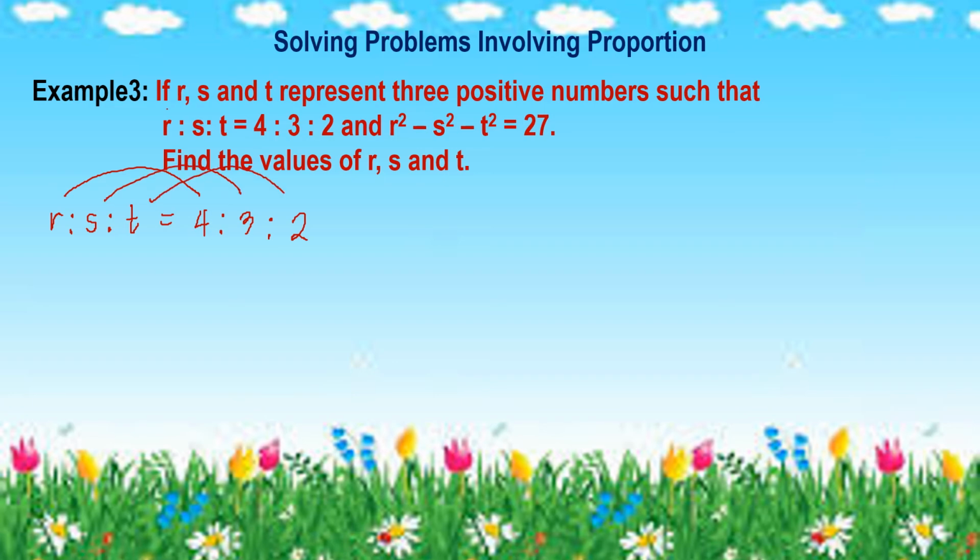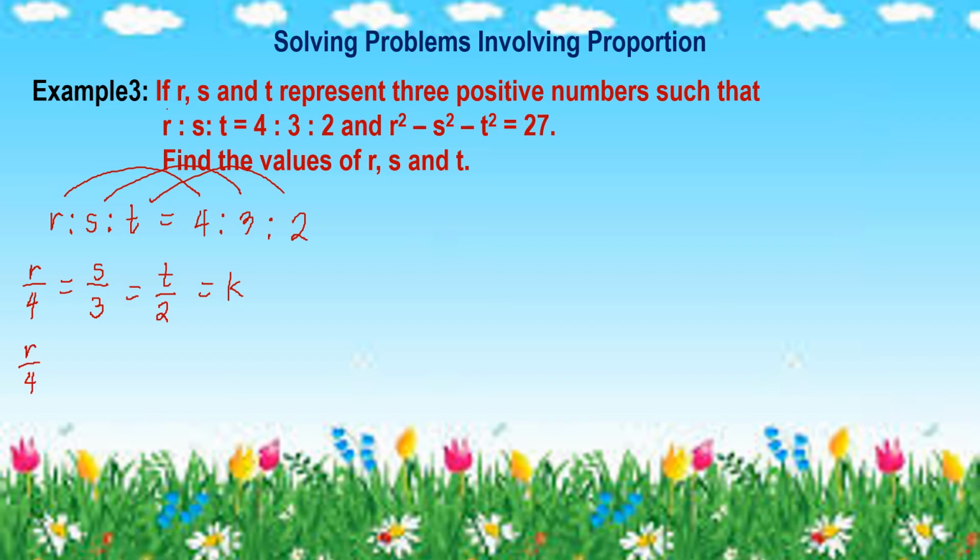So we can write this as R is to 4 is equal to S is to 3 is equal to T is to 2 is equal to K, where K is not equal to 0.